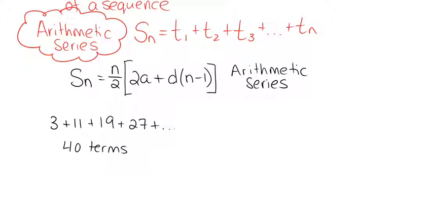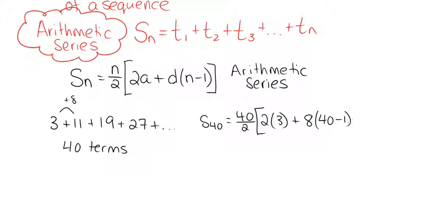So I'll use my formula, S40. I sub in 40 over 2, times 2 times a, the first term, 3, plus my common difference, 8, since I'm adding 8 every time, times n minus 1, where n is 40 because I want the first 40 terms.